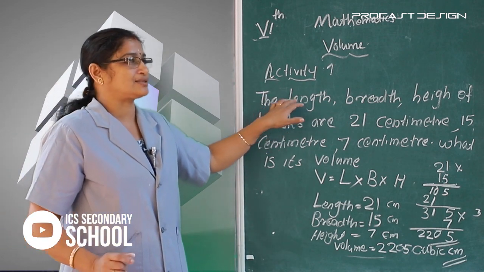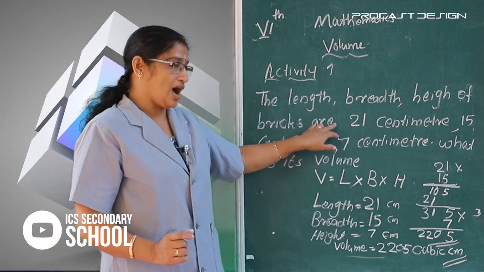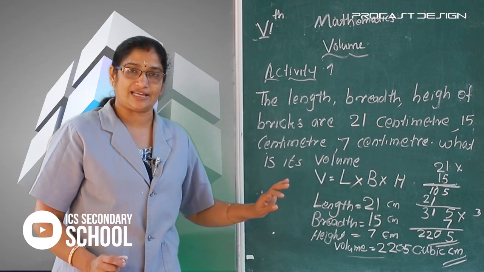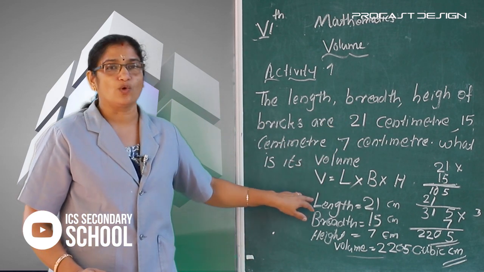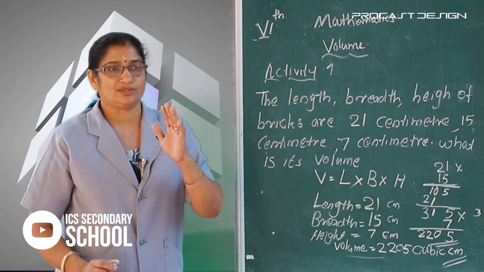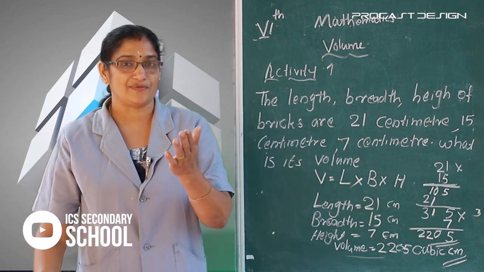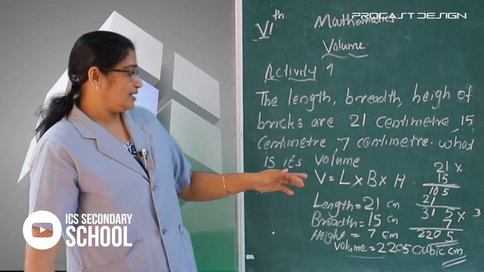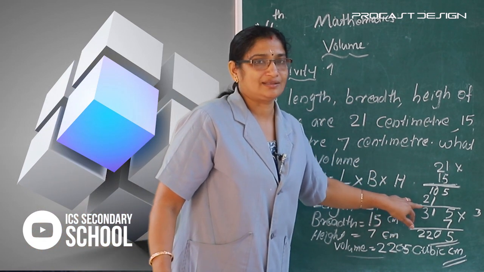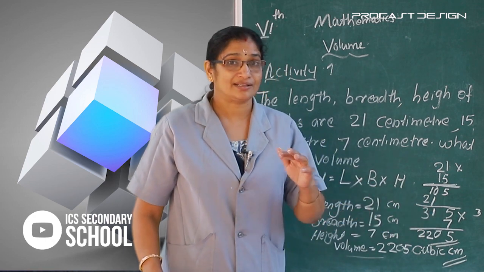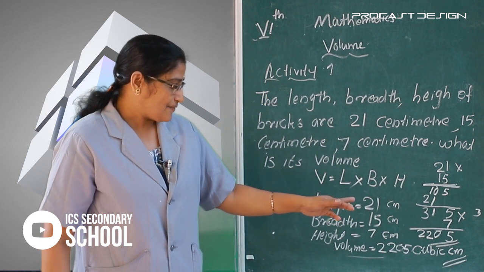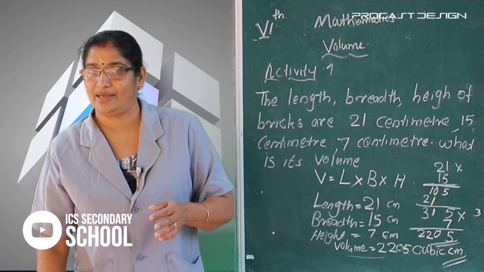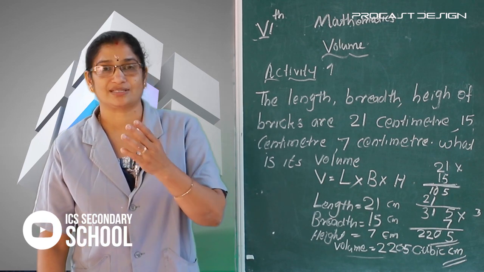Activity first: the length, breadth, and height of a brick are 21 centimeter, 15 centimeter, and 7 centimeter. What is its volume? Length into breadth gives 315, and multiply this number by 7 to get 2205 cubic centimeter.